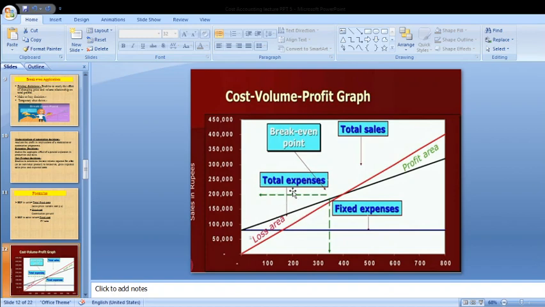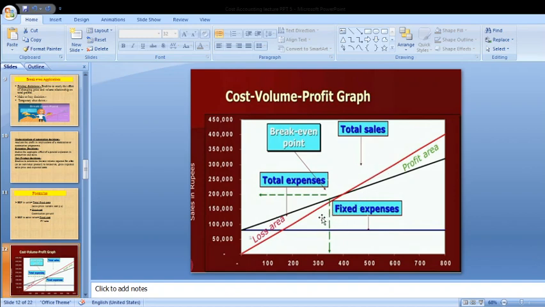So you have fixed cost, which is a horizontal line, not starting from zero, starting from a certain level, about 1 lakh in this example. From there itself emerges the total cost line going up, because total cost is never zero. At 0 units it is equal to fixed cost, and then it slowly goes up in the proportion in which variable costs are increasing.